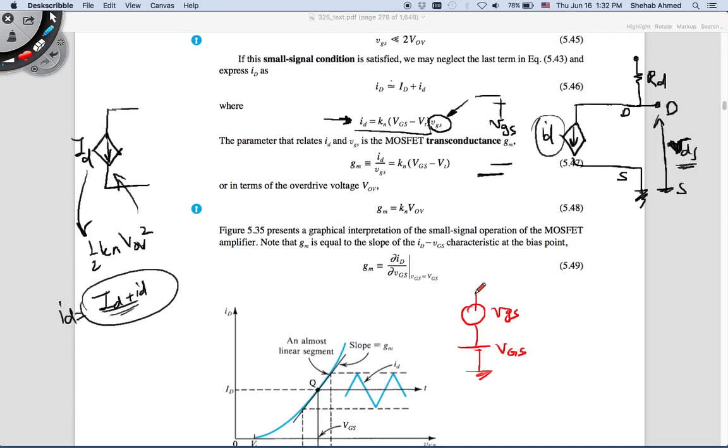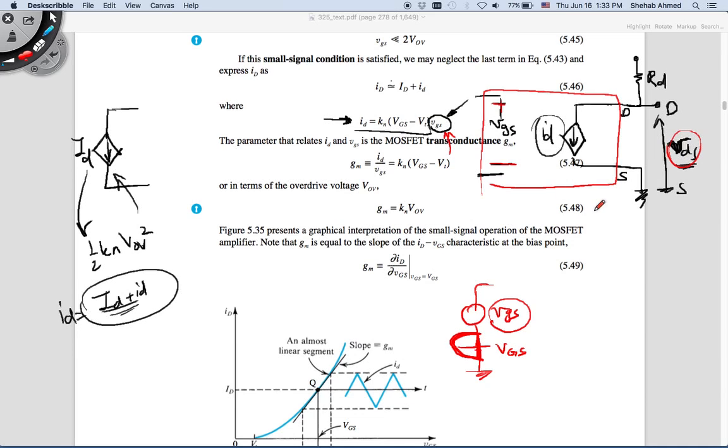So now my input voltage is only, since I'm applying superposition, I will have to short one source that I'm not utilizing for the calculation. So I will short this source. So I'm left with only small signal VGS, and that's why I put small signal VGS here at the input of the amplifier model. And then I create my ID according to this equation, and at the output I create a VDS.